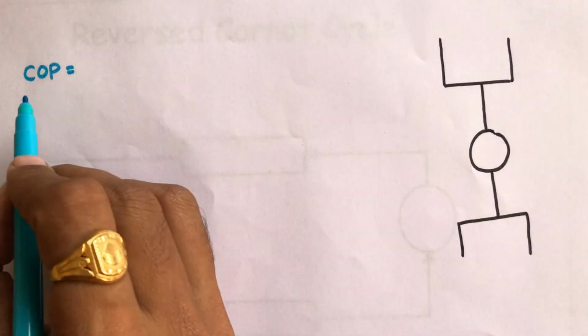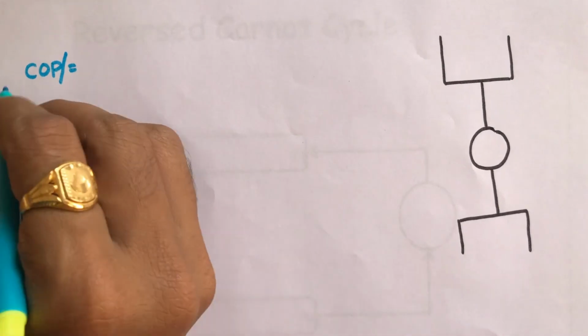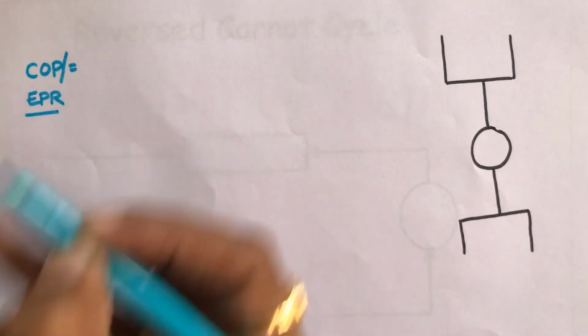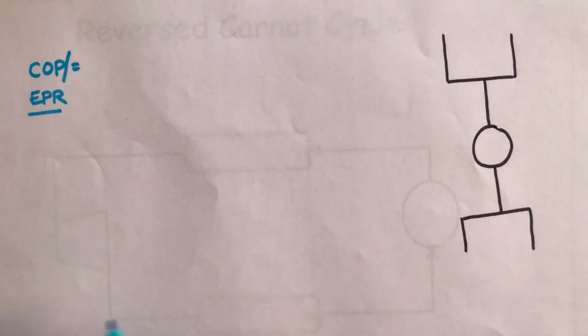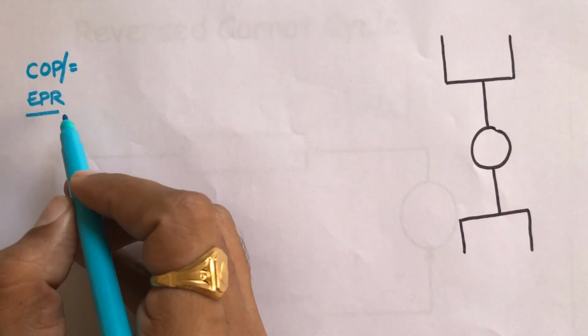Now, this coefficient of performance is also called the energy performance ratio. Means COP is coefficient of performance and EPR is nothing but the energy performance ratio.